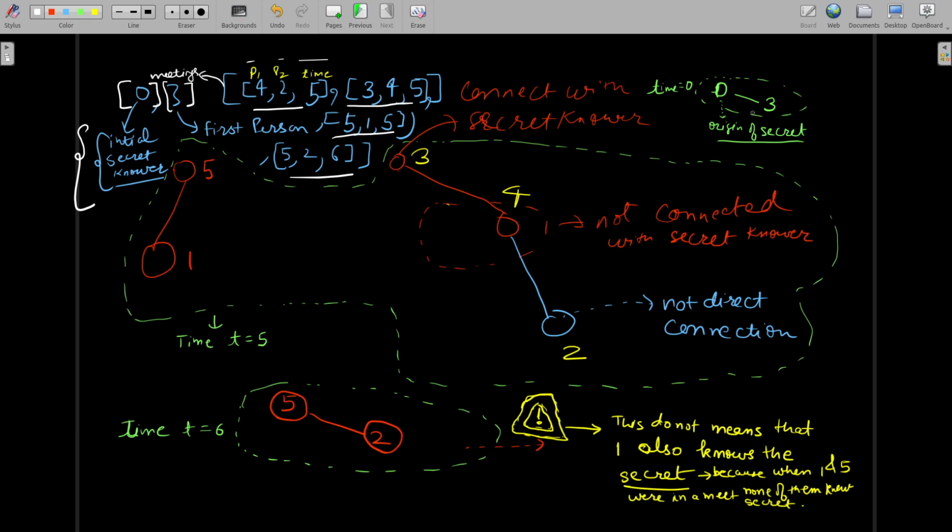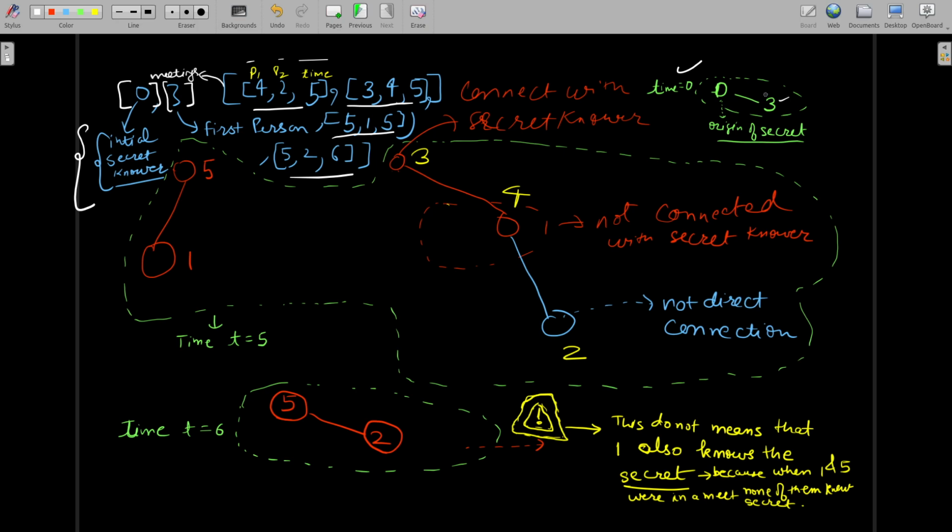So what happens is, I'm representing the whole situation graphically, and then I'll be telling how disjoint set union can help us in doing all of this programmatically. Okay, so at time t equal to 0, the origin of the secret, the 0th person, will be telling the secret to 3.